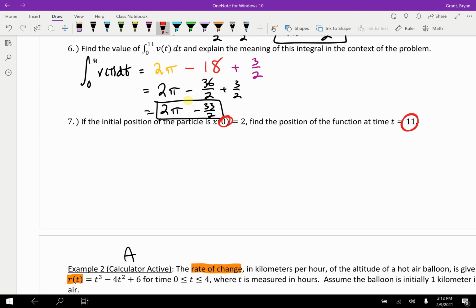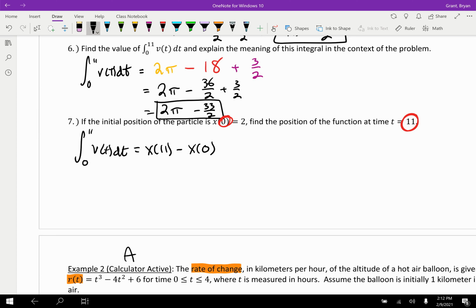So it looks like this. We know the integral from 0 to 11 v of t dt. If we take the antiderivative of v, we'll call it x. You can call it anything you'd like. And then you're going to have to substitute in 11, subtract, and substitute in 0. This is the fundamental theorem of calculus.